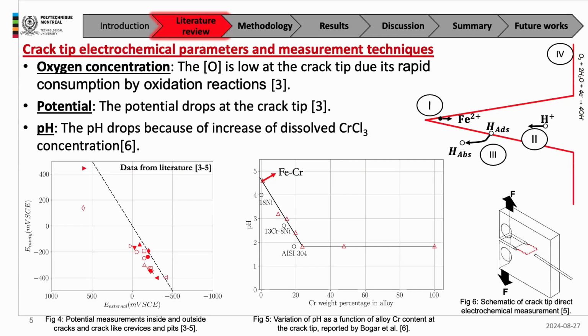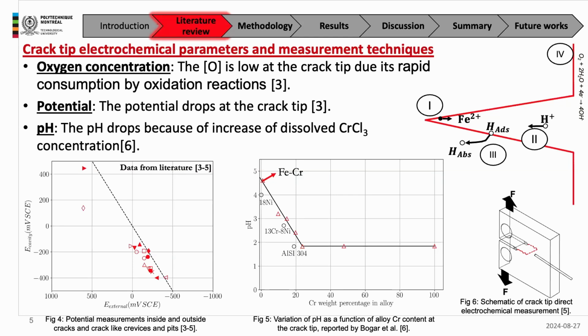Because of this oxygen consumption, the potential drops at the root of the crack. The potential in the interior and exterior of the crack is different, as reported in the literature, where it has been measured internally and externally and plotted here. You can see that we have a potential drop inside the crack compared to the exterior part of the crack.